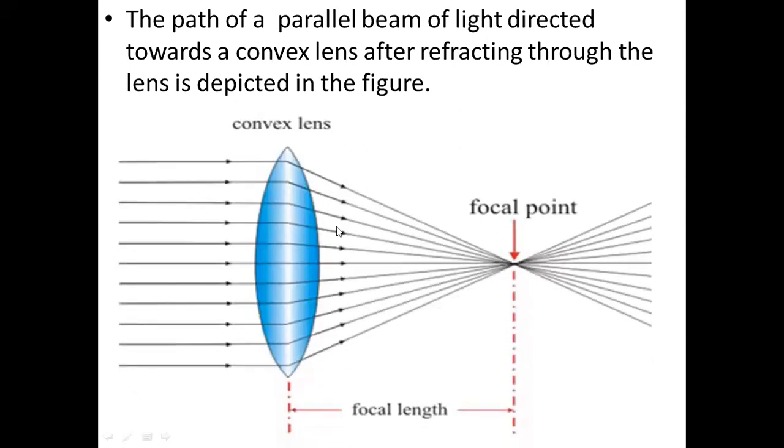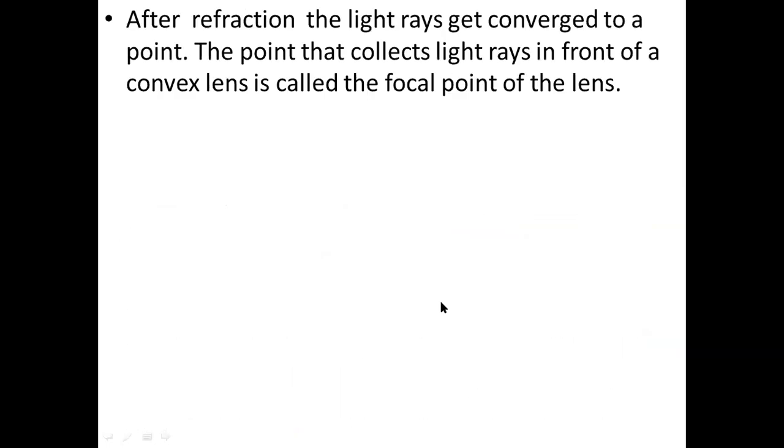This is the convex lens, and this is the focal length. The light rays are collected at one point like this. That point is called the focal point. After refraction, light rays get converged to a point. The point where the lens collects light rays in front of a convex lens is called the focal point of the lens.